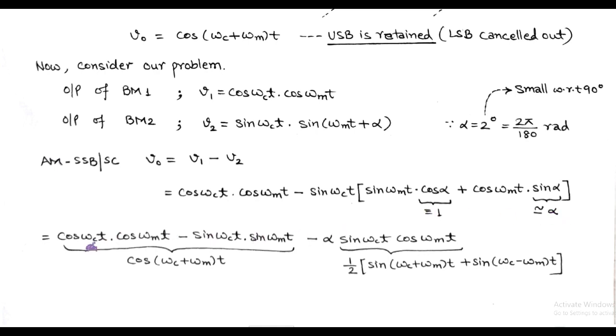Accordingly, after opening the bracket, we have cos omega Ct cos omega Mt minus sin omega Ct sin omega Mt minus alpha sin omega Ct cos omega Mt. Here the first two terms become the formula of cos of (omega C plus omega M) t, and in the second term there is sin A cos B, and the formula is 1 upon 2 within bracket sin of (omega C plus omega M) t plus sin of (omega C minus omega M) t.